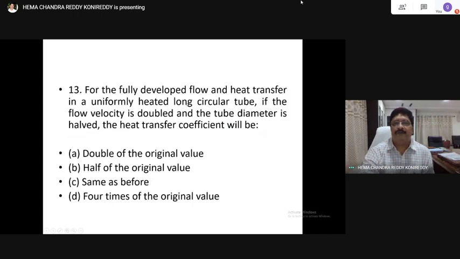For flow and heat transfer in a uniformly heated long cylindrical tube, if the flow velocity is doubled and the tube diameter is halved, there are two things happening. In a fully developed flow, the velocity is doubled: D is now D by 2, V is now 2V.